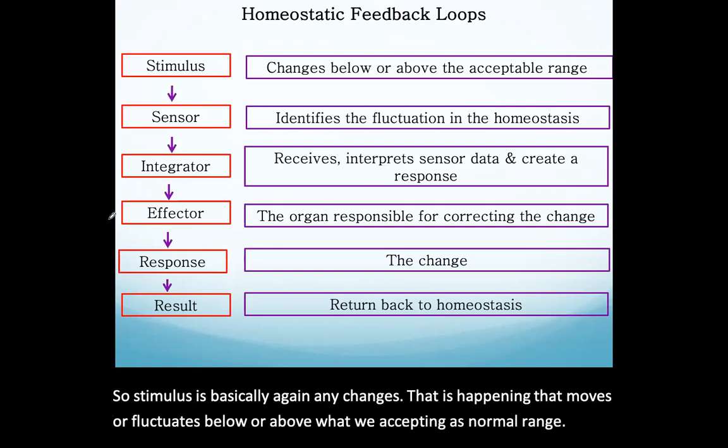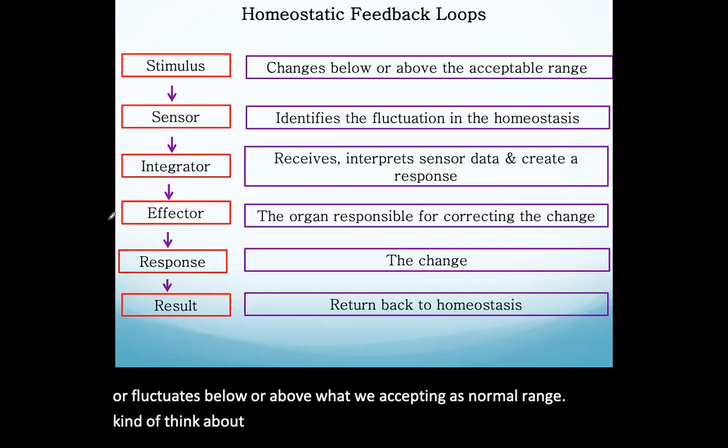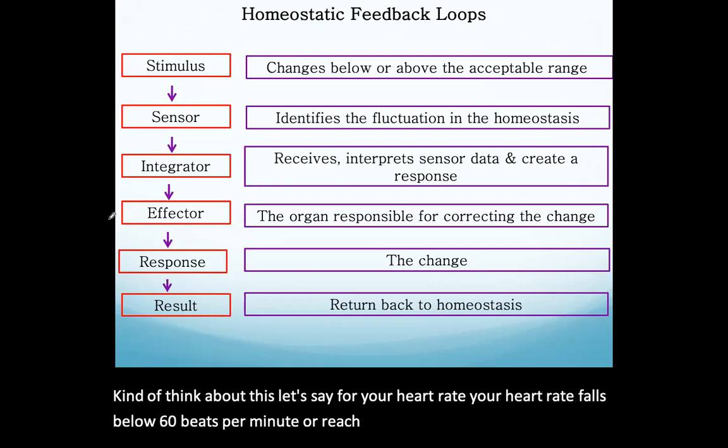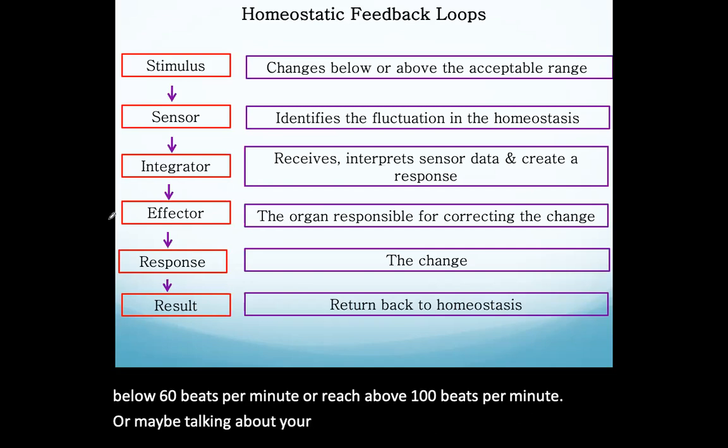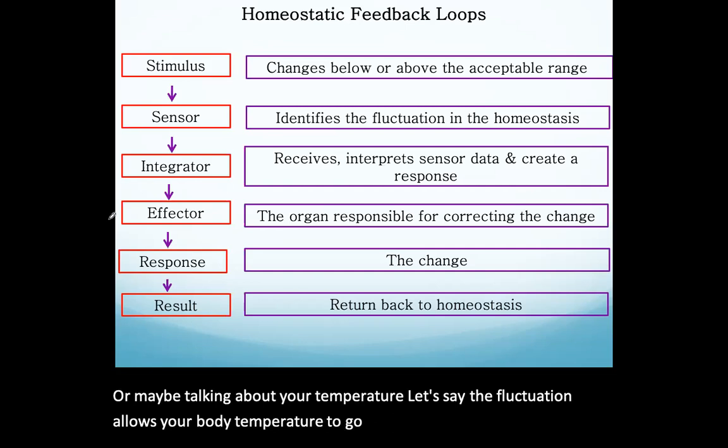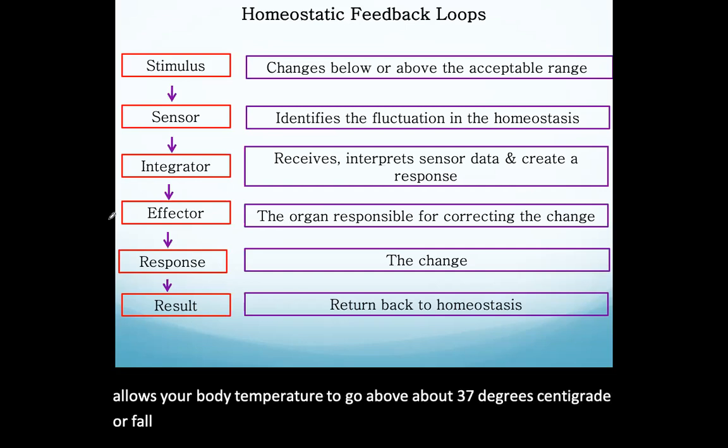Let's say your heart rate falls below 60 beats per minute or reaches above 100 beats per minute. Or when we're talking about your temperature, let's say the fluctuation allows your body temperature to go above 37 degrees centigrade or fall below 37 degrees centigrade.